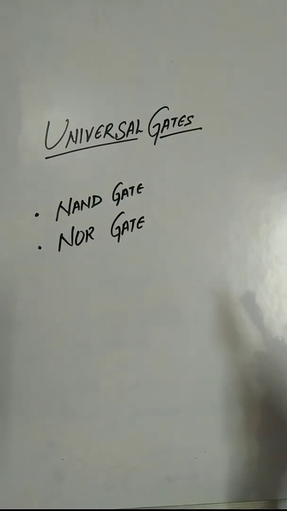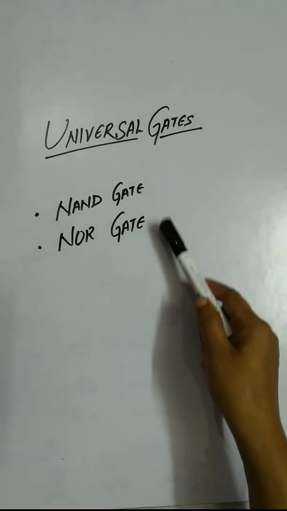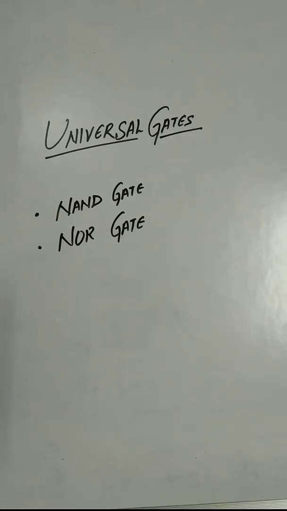Any Boolean or logical expression can be realized by using AND, OR or NOT gate. Okay, these two operations, NAND and NOR, are sufficient for realization of any logic expression. So these two gates are known as universal gates.